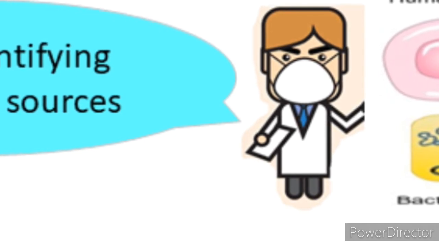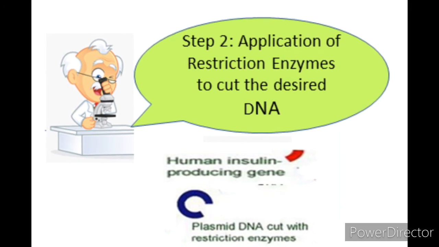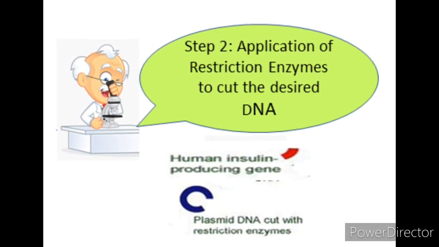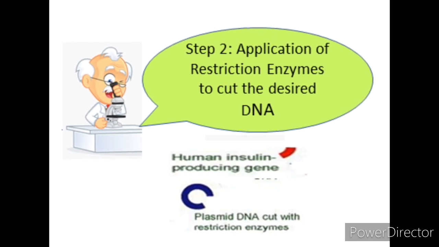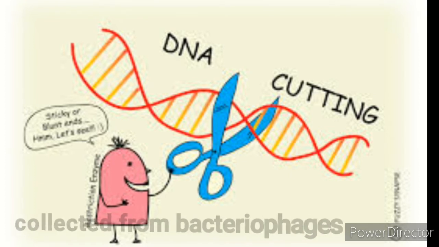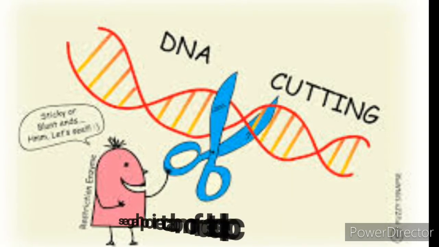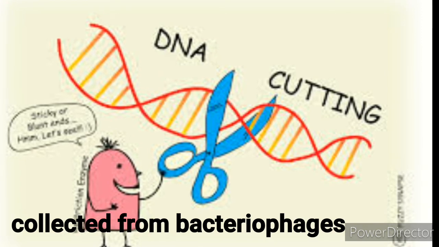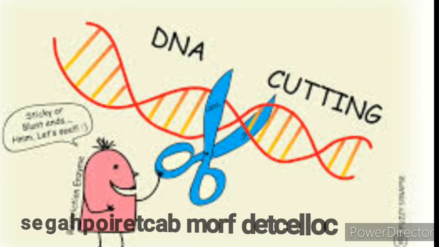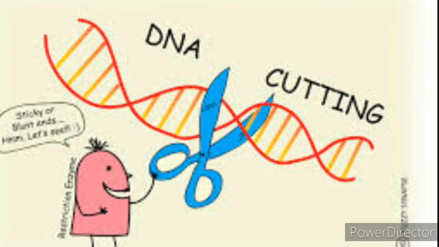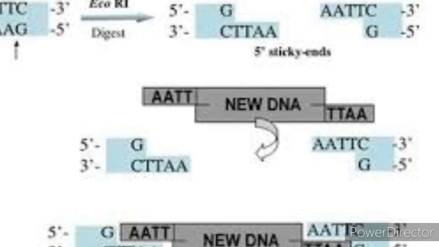The second step is the application of restriction enzymes to cut the desired DNA. The restriction enzymes are DNA cutting enzymes found in bacteria, and they are called the molecular scissors because they cut DNA at specific sequences.